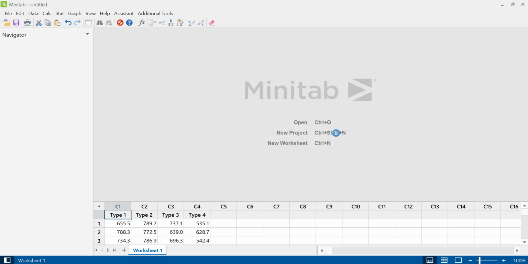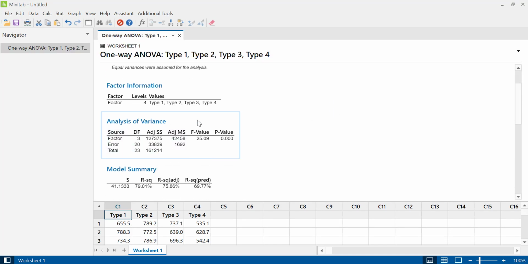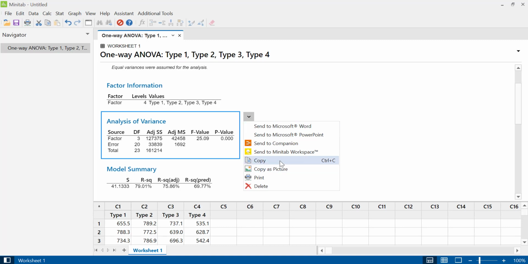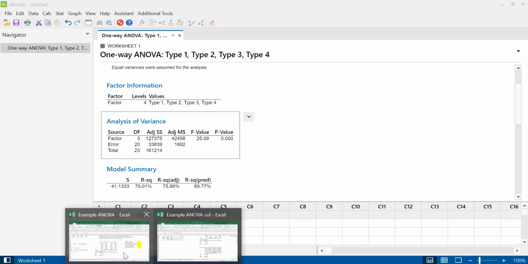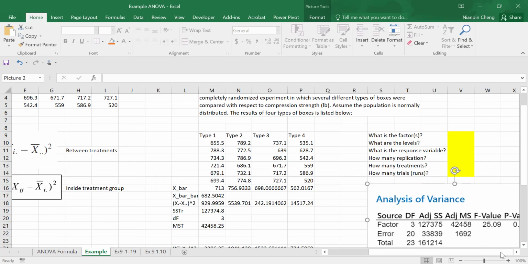So you click OK. It will generate the analysis of variance table, the standard ANOVA table for you. For this one, it's easier to copy as a picture and paste it just underneath this one.